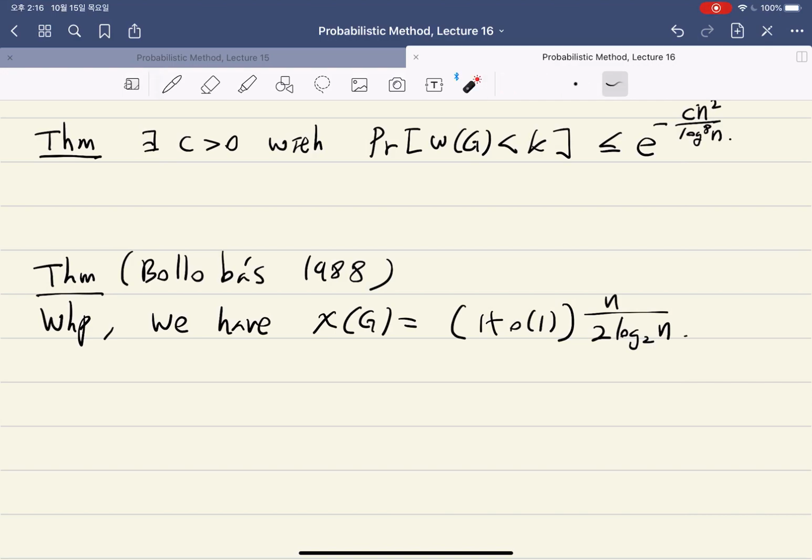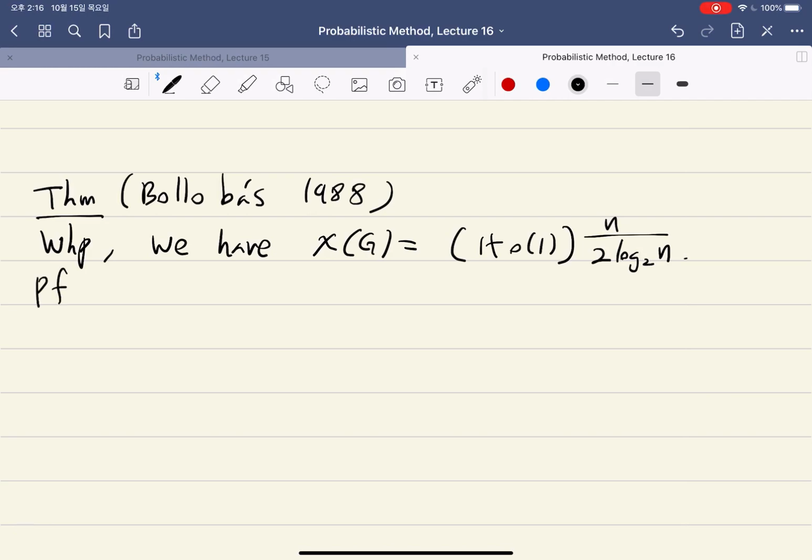And actually it took quite a while from when the question was raised until Bollobás finally proved it. Both the lower bound and upper bound are not difficult, but the lower bound was known much before, and the upper bound was proved by Bollobás.